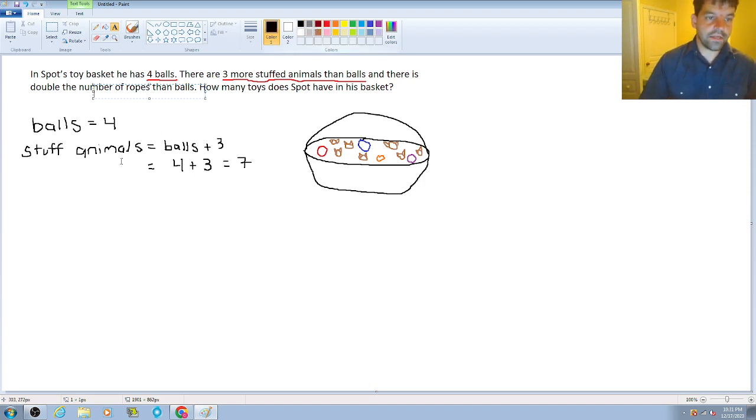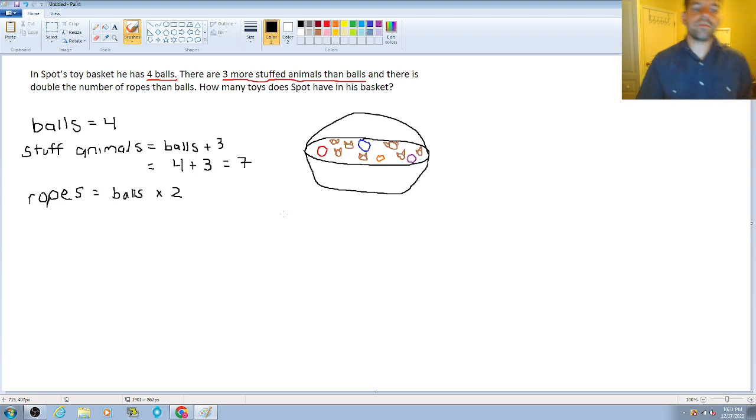So let's go ahead and represent that. So we have ropes, and the way that we can mathematically represent that is equal to balls times 2.